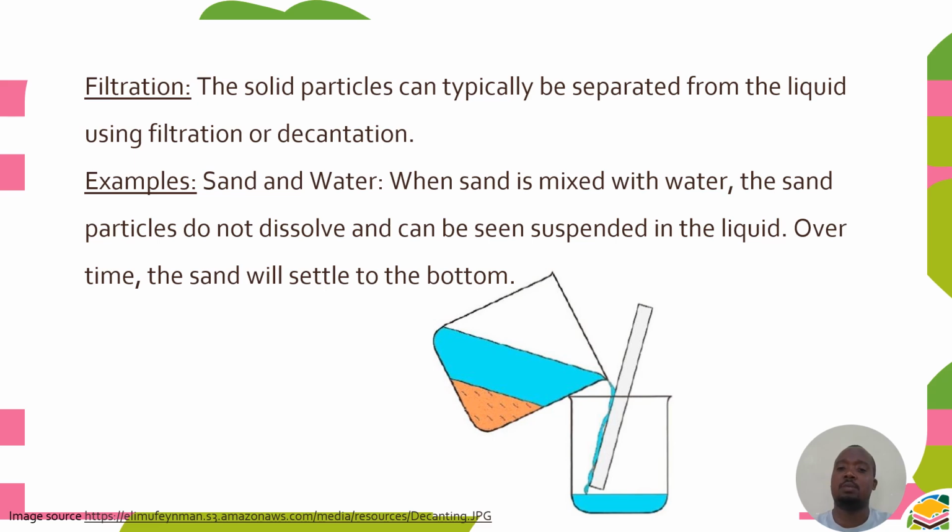When sand is mixed with water, the sand particles do not dissolve and can be seen suspended in the liquid. Over time, the sand will settle at the bottom. As you can see, here we have a mixture of salt, water, and sand. The sand particles will be at the bottom because they are denser than the water particles.